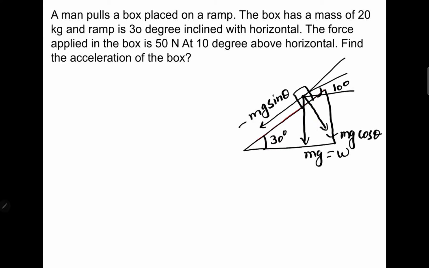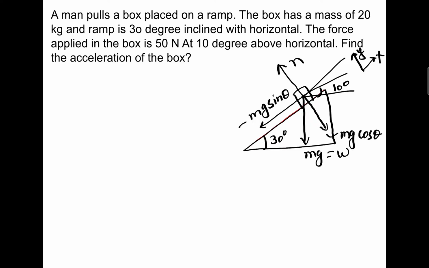Okay, so let me set axes for this one. This is the x-axis, which is parallel to this inclined plane. And the y-axis, let me set it here. The y-axis is perpendicular to this surface, and the normal force will be this one. This is the normal force.